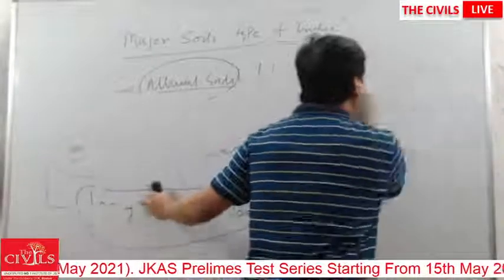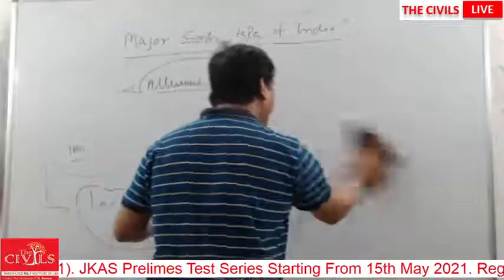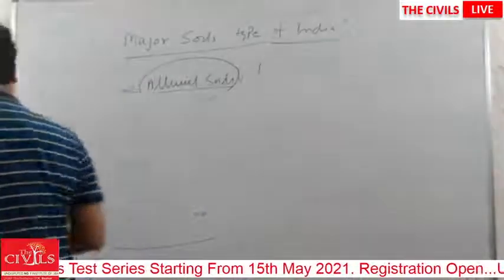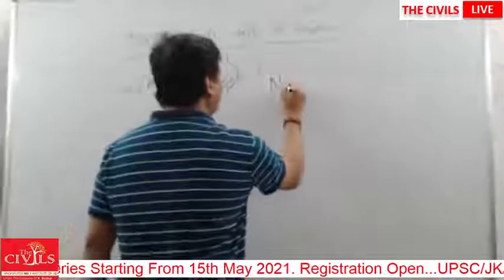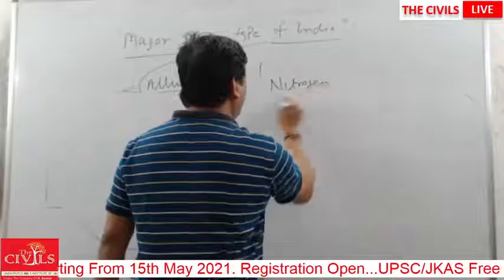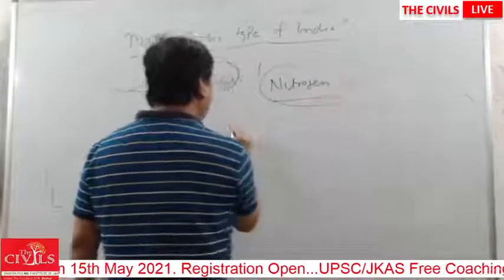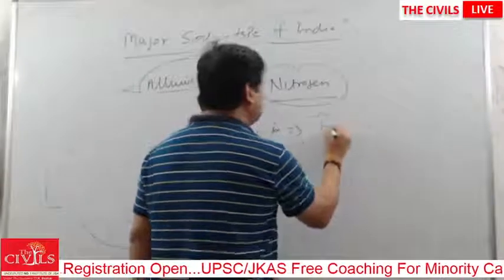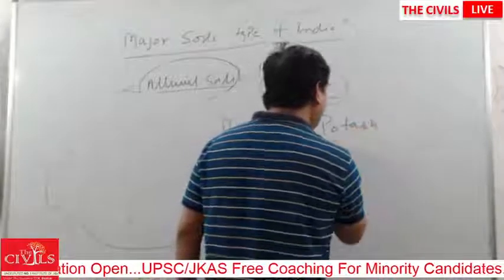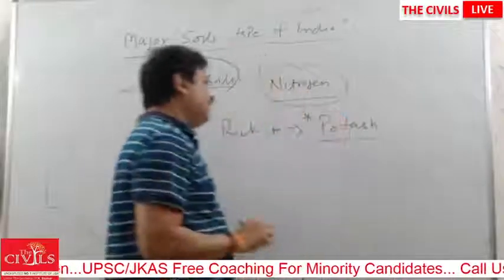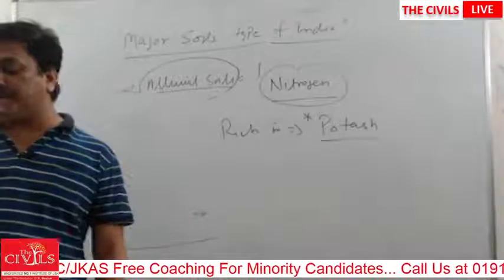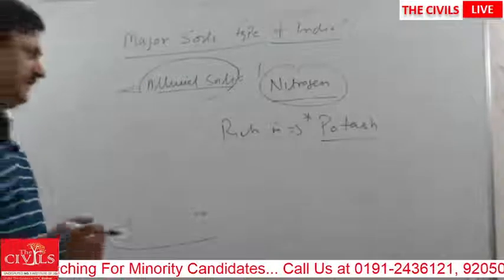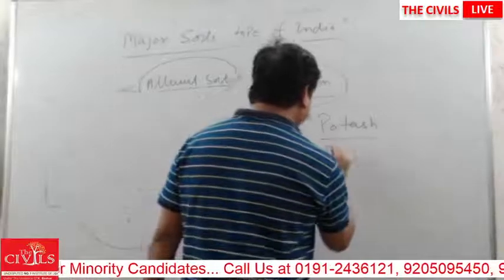The alluvial soil is poor in nitrogen, but rich in potash, phosphoric acid and alkalis.